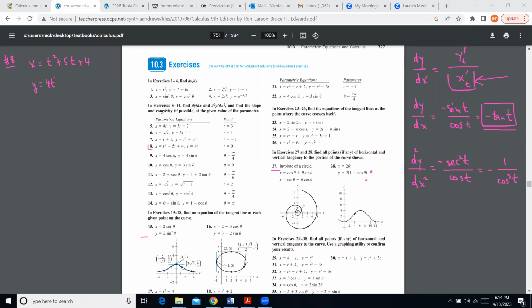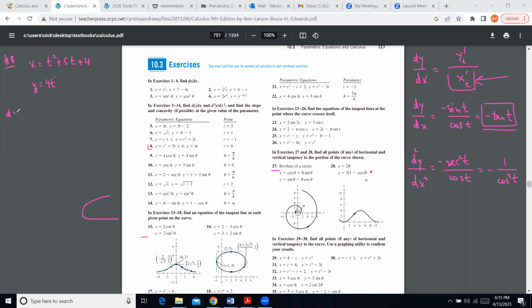You can notice that if you pull out the parameter t from the second equation, y over 4, and plug it in for x, you're going to get a parabola-like structure, a parabola that opens to the right or to the left, probably to the right. So that would not be a function, but I'm talking about this curve that's probably in the shape of this type. But anyway, let us set those derivatives equal to 0.